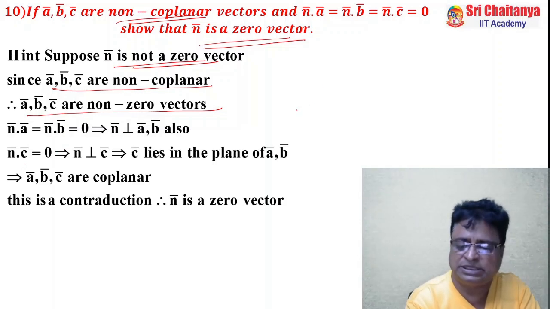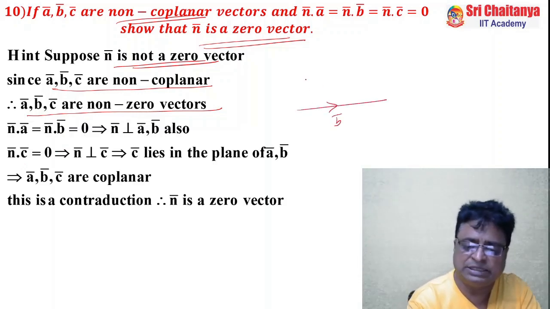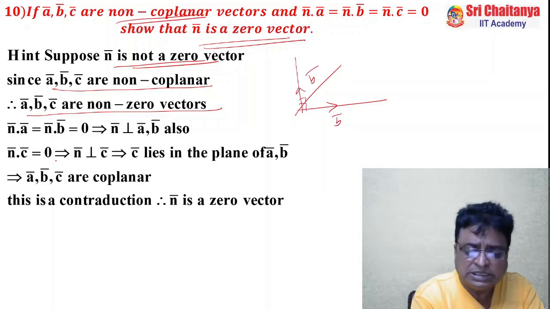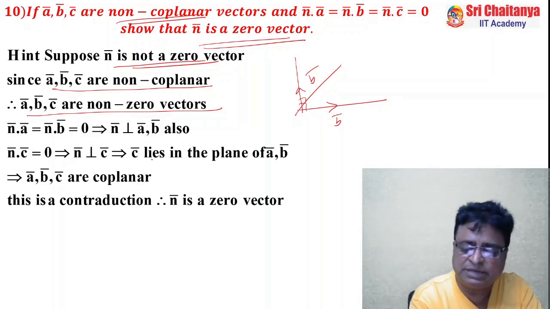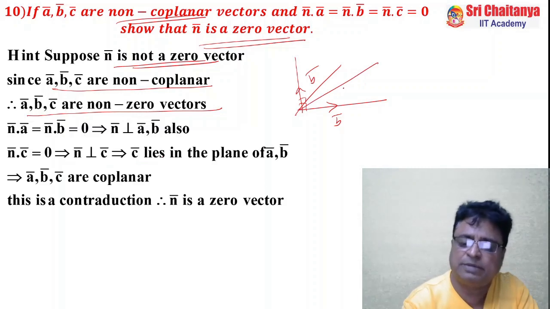That means this is a bar, say, and this is b bar, say, and n bar is the vector which is perpendicular to both a bar and b bar. And since n bar dot c bar is equal to 0, c bar lies on the plane of a bar and b bar automatically.